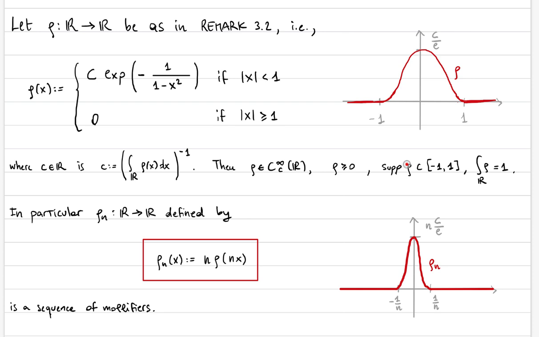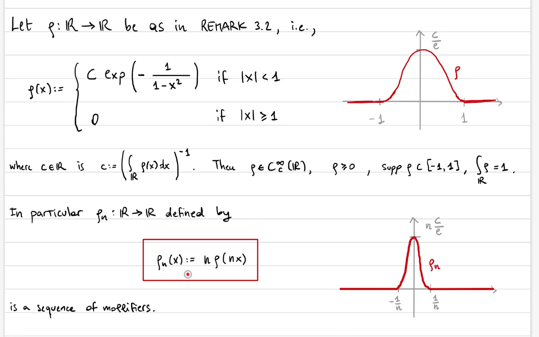This constant c here is chosen so that this integral is equal to 1. So c is just 1 over the integral of rho on the whole real line. Given this function, the standard bump function, we can define a sequence of mollifiers just by rescaling.